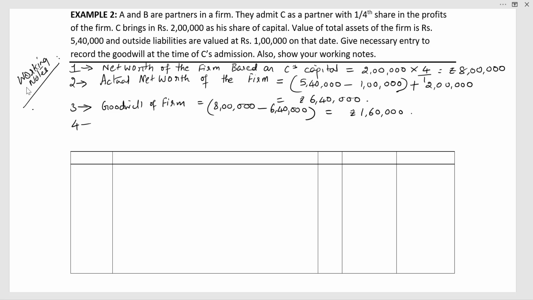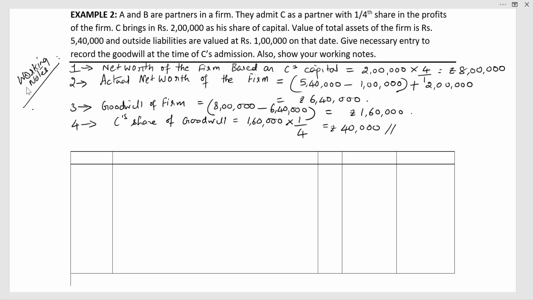And fourth step, C's share of goodwill equals answer of step 3, the goodwill of the firm, multiplied by the share of C, which is 1 by 4, and we get rupees 40,000 as C's share of goodwill.